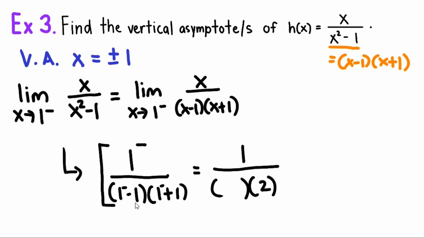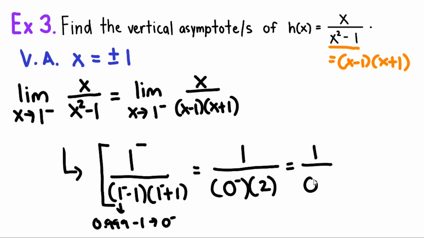But for this one, take note that values from the left of 1 are like 0.999. So when we subtract 1 from that, we get 0 from the left, or values close to 0 but negative. So when we multiply the denominator, it becomes that.